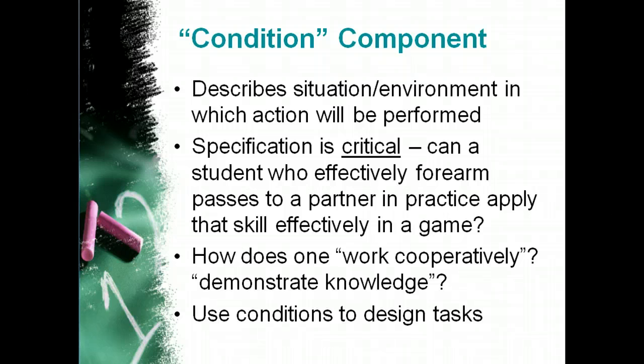You have to be sure that a condition helps to describe how they're going to do the behavioral performance in each of these objectives. You use the conditions to design practice tasks for the lesson. Basically, if you write a good lesson objective, I should be able to tell exactly what you're doing in that lesson just by looking at the objective.